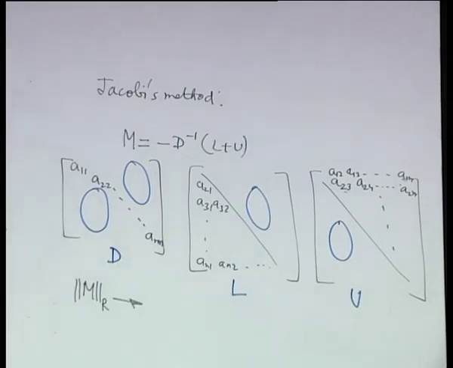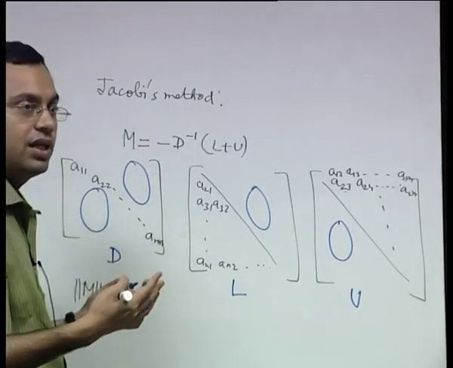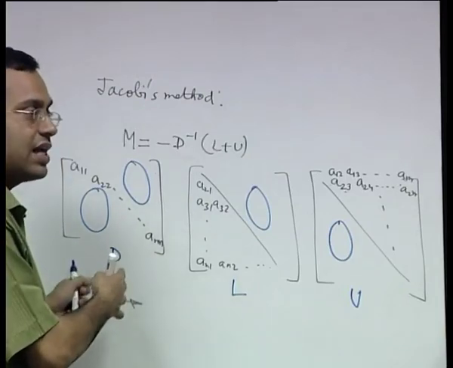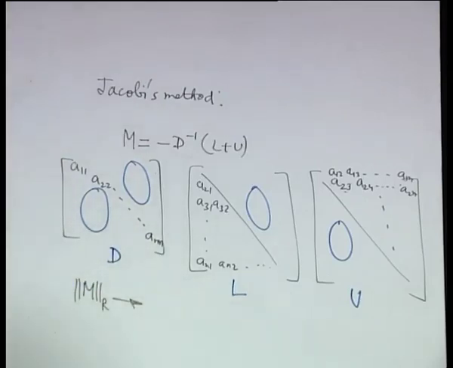Sometimes out of the row sum and the column sum norm, the row sum norm is used as a criterion. There is nothing hard and fast about it, one could use the column sum or the max of those two, but usually any one of those is considered. This is just a matter of convention, there is nothing very fundamental about it. In many cases the row sum norm is used as a representation of the norm of the matrix. So, what will be the row sum norm?